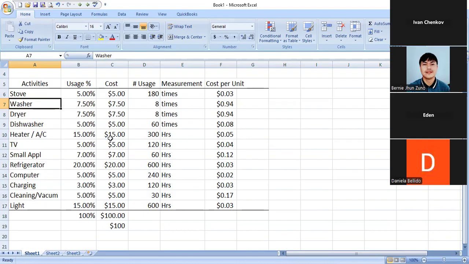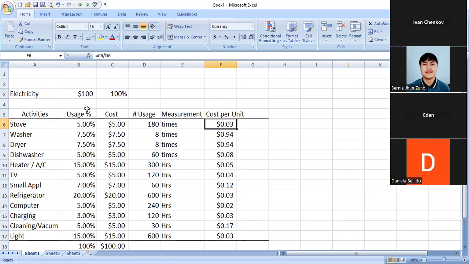But the whole point is for you to find the total cost for the activity, how much is the usage of that activity, and then come up with the cost for that activity. The whole point is to find out why I'm paying $100.